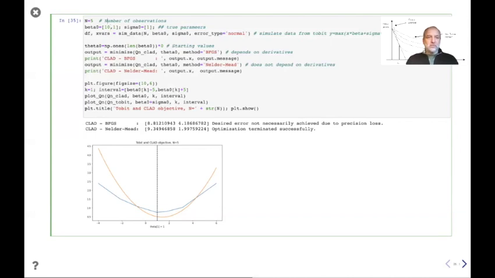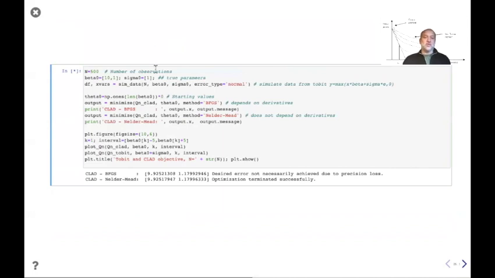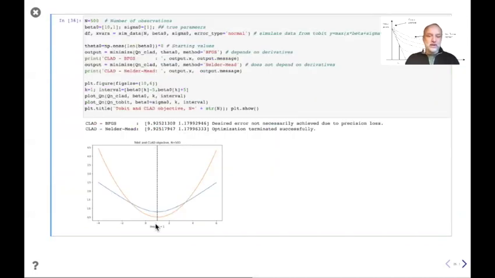But then things get better once you have more observations, and so Nelder-Mead should be able to really nail this objective function and find the minimum here. It's probably around here, 7.17. So it's doing a reasonable job. Still, BFGS is returning with this error that just keeps coming back, even though you look at the objective function and it looks actually quite smooth.